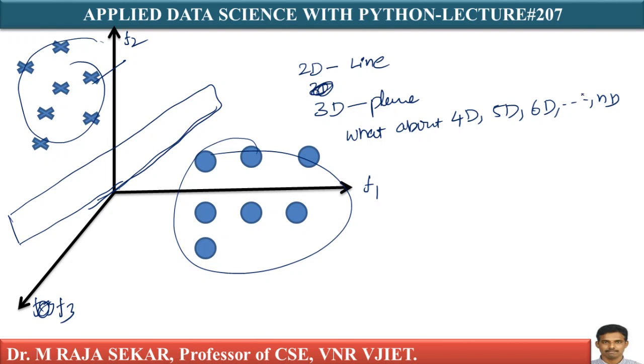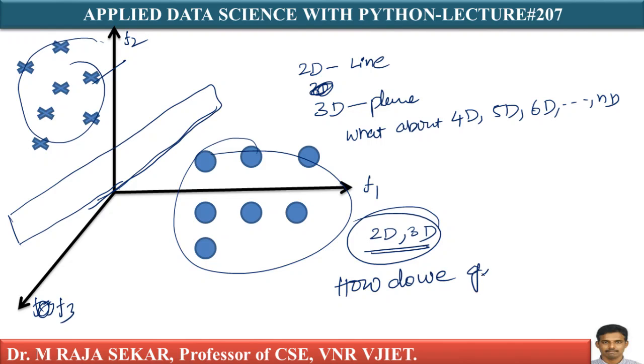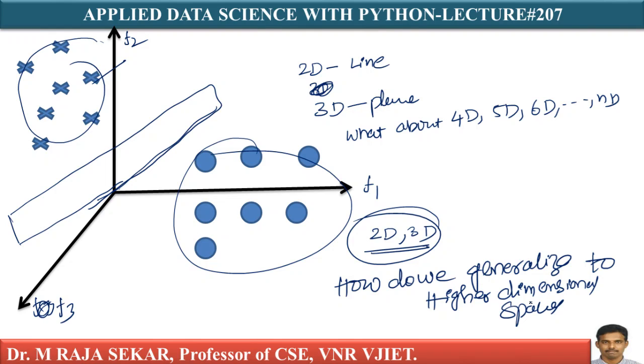Now, whatever we learned in 2D and 3D, just observe this point carefully: how do we generalize it to higher dimensional spaces? We must be able to generalize this, isn't it?